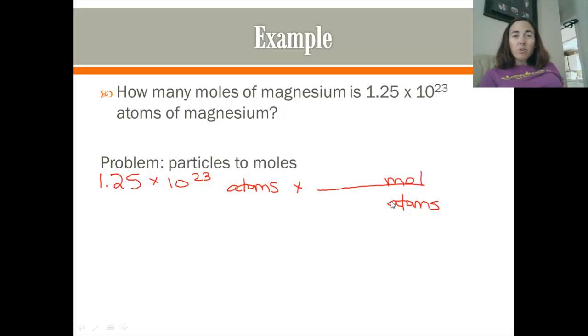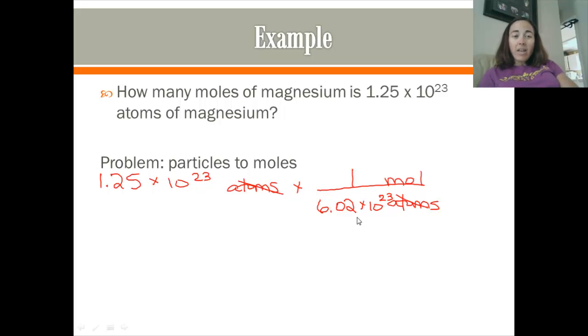The new conversion factor that I just gave you is that 1 mole of any substance is that Avogadro's number, 6.02 times 10 to the 23rd atoms. So atoms here cancels with atoms here, and I'm going to multiply across 1.25 times 10 to the 23rd times 1, divide by 6.02 times 10 to the 23rd.